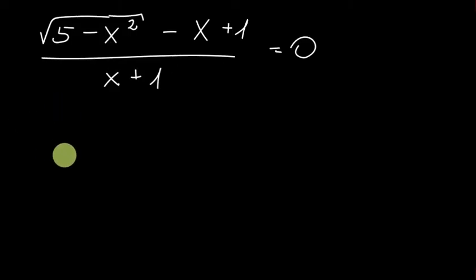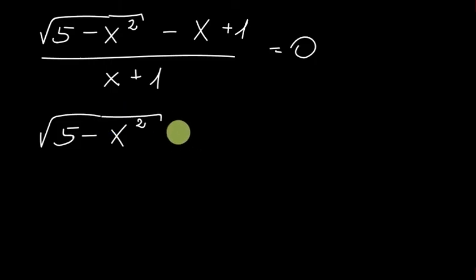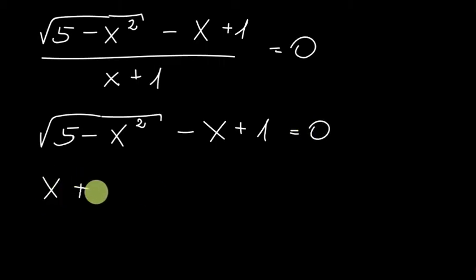Now, just as we solved in our last lesson, we need to say that our numerator, square root of 5 minus x squared minus x plus 1, is equal to 0, and our denominator is not equal to 0.